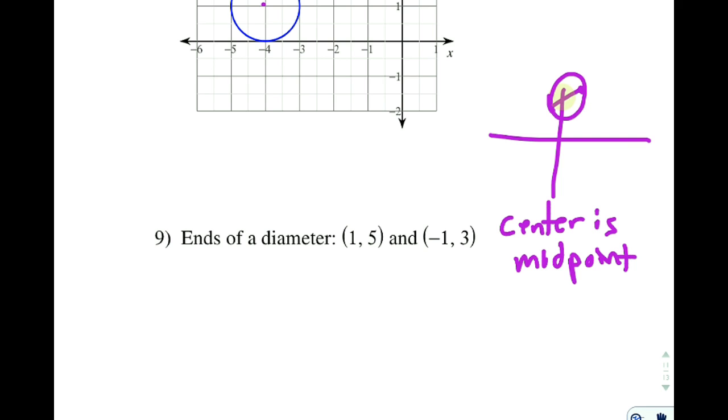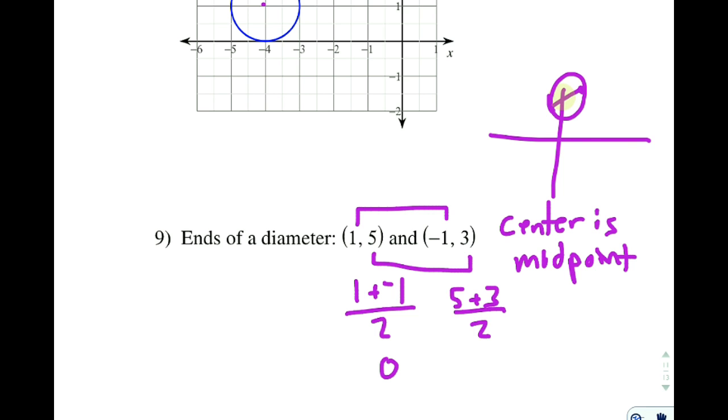To do our midpoint here, we look at our x coordinates and say, what is the average of 1 and -1? Add them together, divide by 2, and we get 0 divided by 2 is 0. We look at the average of 3 and 5. Add them together, divide by 2. You get 8 divided by 2 is 4. So that is the center of the circle, 0, 4.